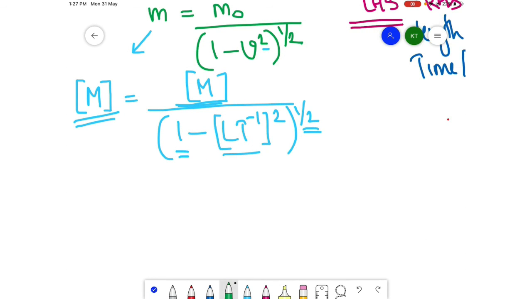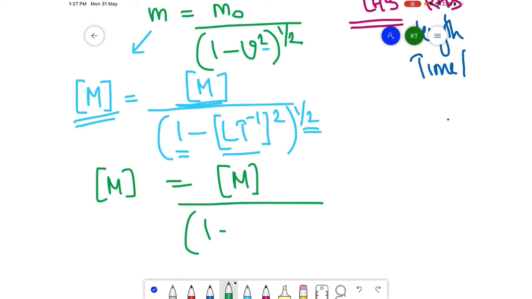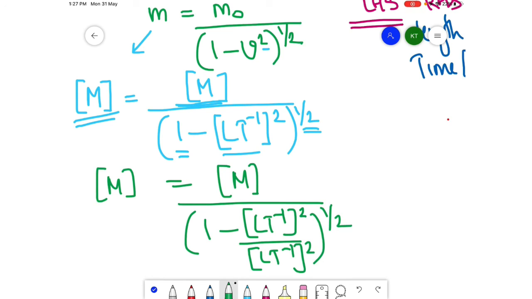So in that place, if I write it as 1 minus LT raised to minus 1 the whole square, divided by LT raised to minus 1 the whole square, raised to 1 by 2, we see that the equation is correct because this and this will cancel, and then we'll get LHS to be equal to RHS.